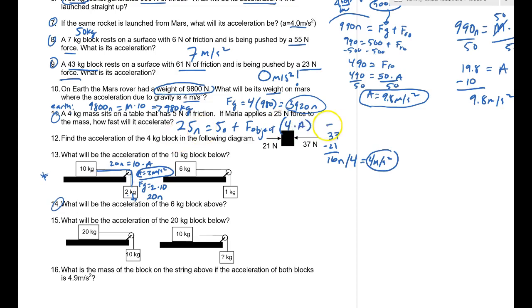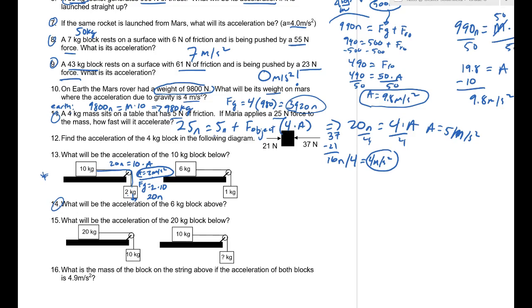Subtract the 5, and we are left with 20 newtons equals 4 times a. Divide by 4, acceleration equals 5 meters per second squared. We just know that you can just take 25 minus 5, that's 20 newtons, right? But I'm showing you how to set up the problem so that we're thinking about this as a system with total force on one side and force of gravity or force of friction, and then the force moving the object on the other side.